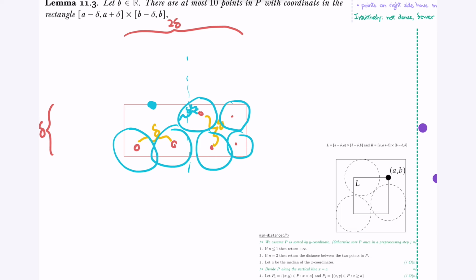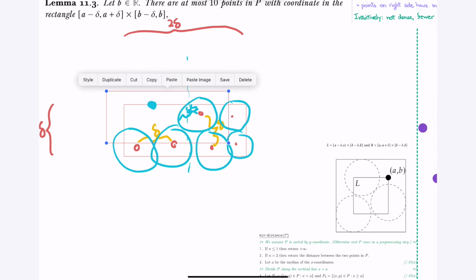So you can wrap them all in these circles of radius delta over 2, and these are all interior disjoint circles, and they're all taking up some area, right? Like pi times delta over 2 squared. And it's all different area because they're disjoint. Meanwhile, they all fit in this slightly larger square where I add delta over 2 on each side.